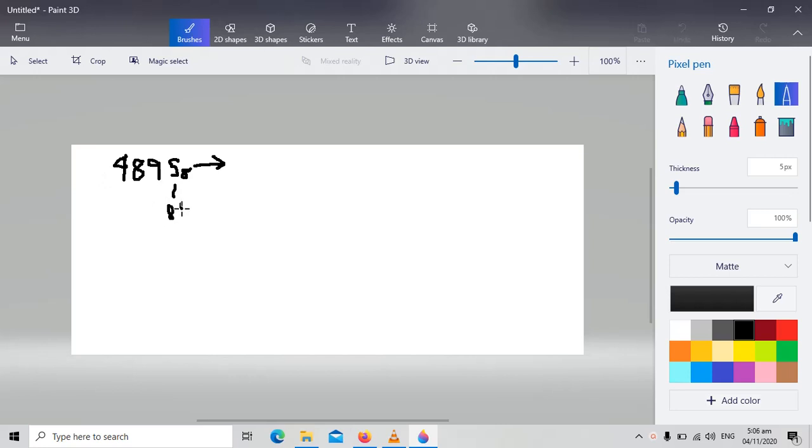8 to the power of 0. Remember, start by the ones. 8 to the power of 1, 8 to the power of 2, and 8 to the power of 3.